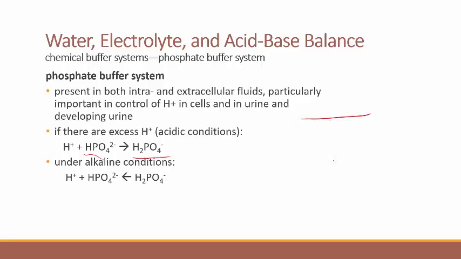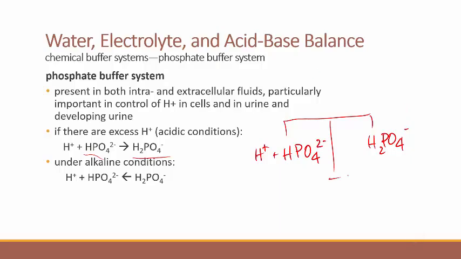With the phosphate buffer system, we're trying to maintain a balance here, and we use this chemical reaction to do that balance for us. So it's the exact same idea, just with a different chemical that's doing it for us.